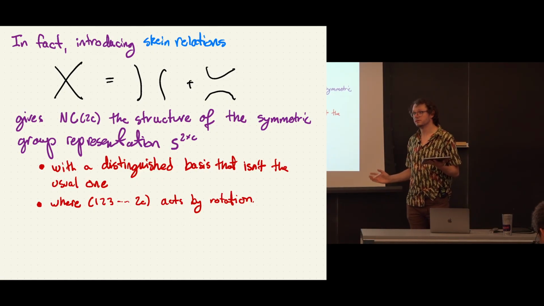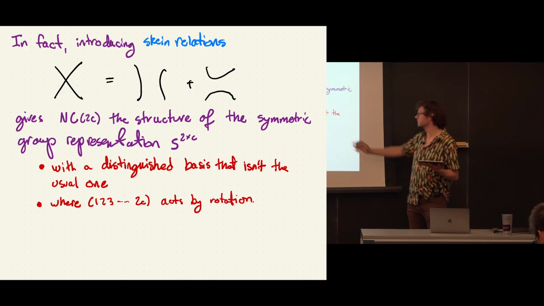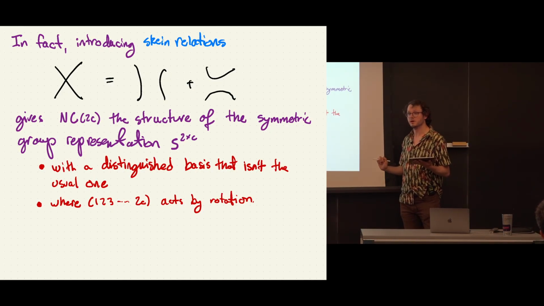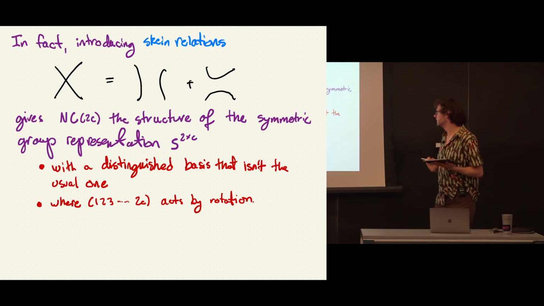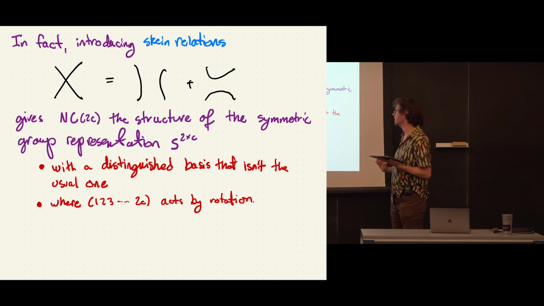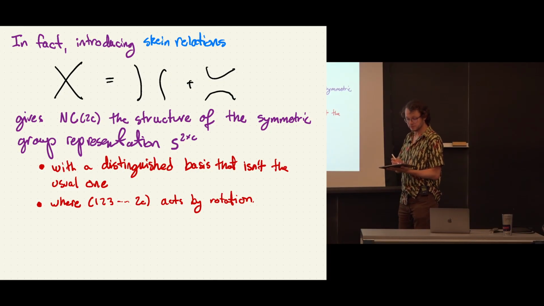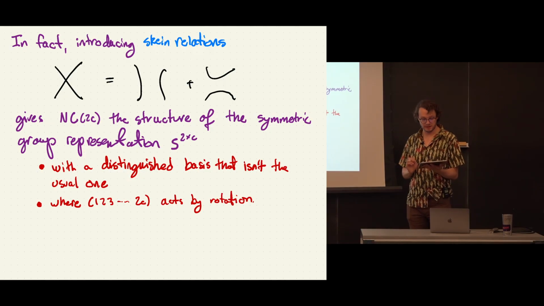that you would have learned in your first representation theory class if you took such a thing. It's not the one that you would have built in CO 631. It's a different basis, and in many ways, it's a nicer basis. It's the Kazhdan-Lusztig basis here. But one thing that's nice about it is that there's this particular permutation called the cycle, the sort of canonical cycle of the elements.